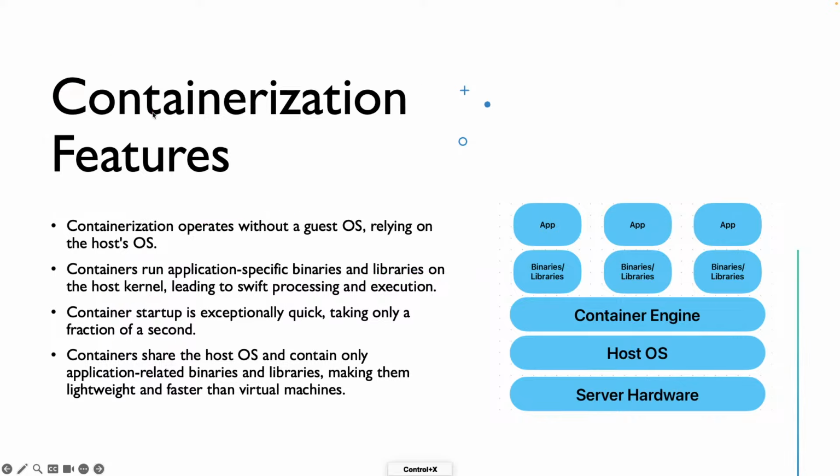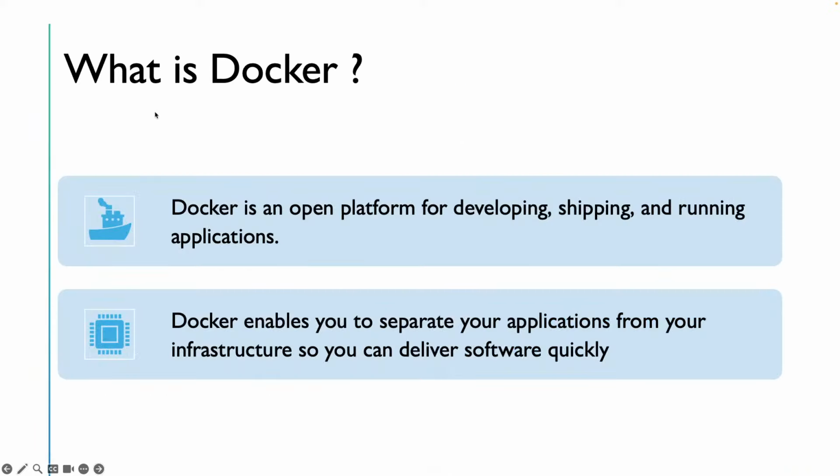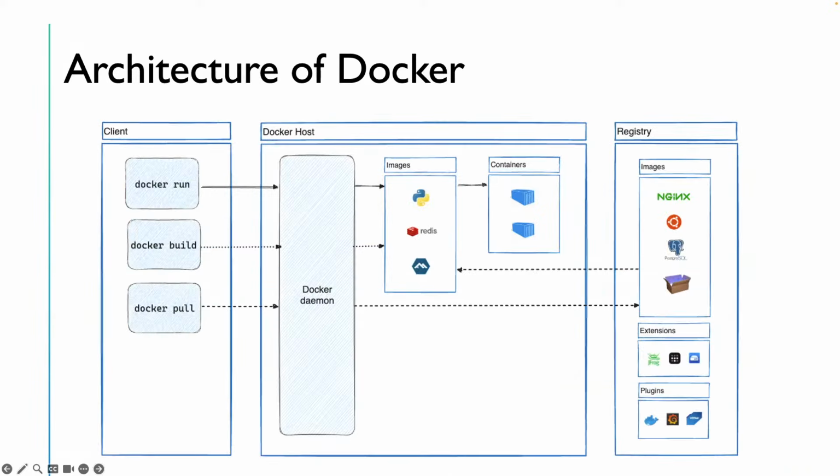Now here, one common and most famous platform for containerization is Docker. If I talk about Docker, this is the architecture of Docker. The way that it works is, here we'll have something called the Docker host. This Docker host is the one which is responsible for performing all the activities. Now to interact with the Docker host, we'll make use of the Docker client.